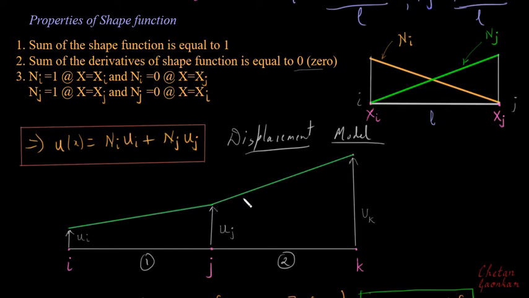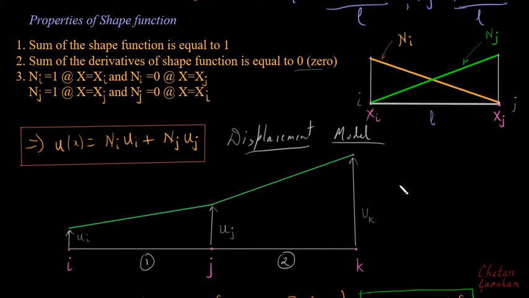The variation is linear in the element, and it is continuous across the boundary. Now this is the node, or a kind of boundary between these two elements, element 1 and element 2, or any two consecutive elements. This acts as a boundary, and we see that this displacement model is linear in the element and it is continuous across the boundaries.